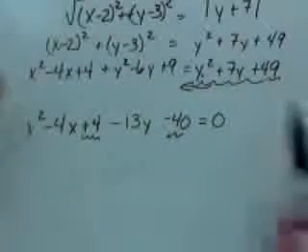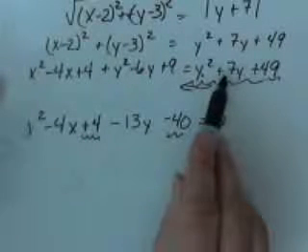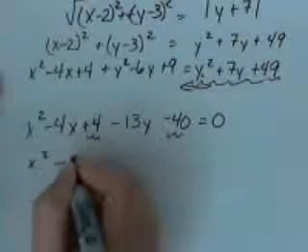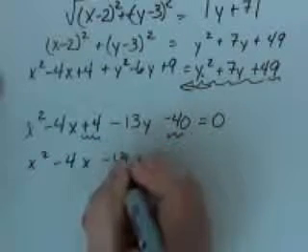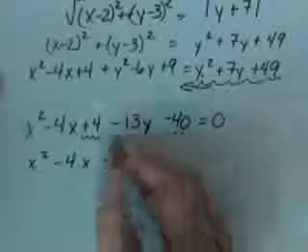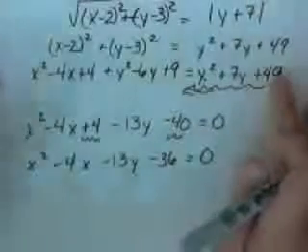Did I make a mistake anywhere? I had negative and negative. That's negative 13y. I think I'm good. So then I'm going to end up with x squared minus 4x, I can combine those, minus 13y minus 36 equals 0.